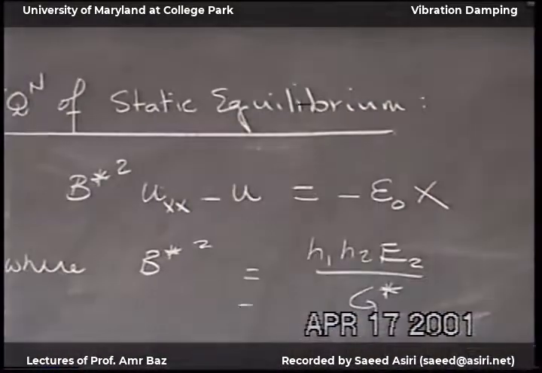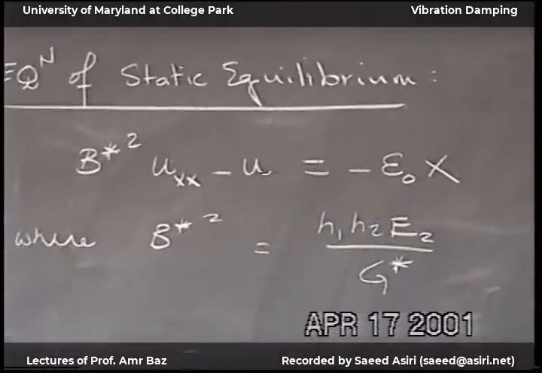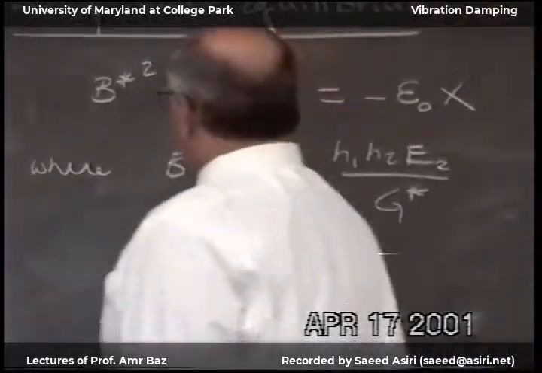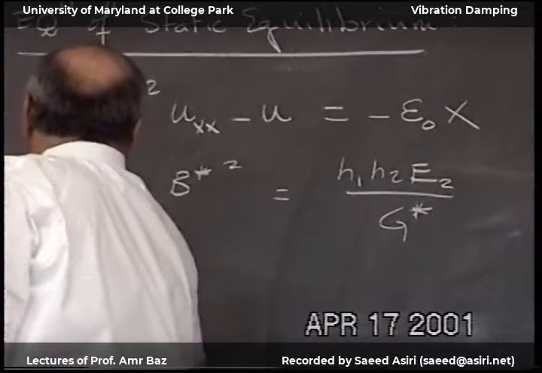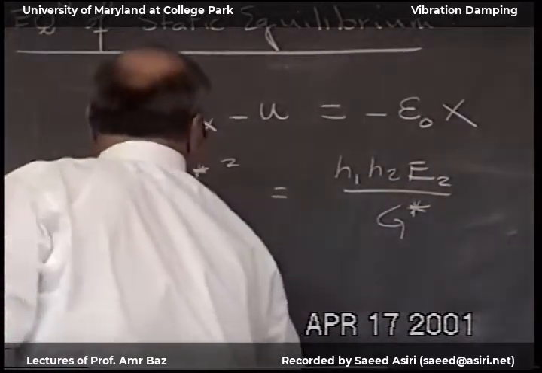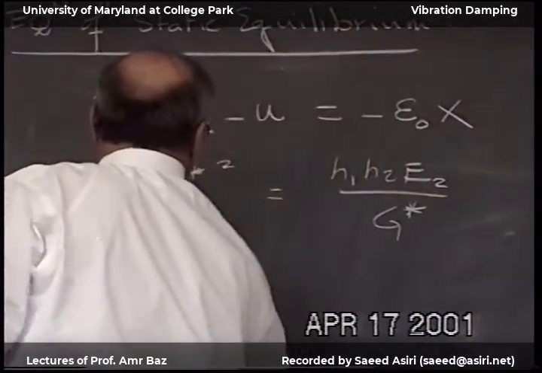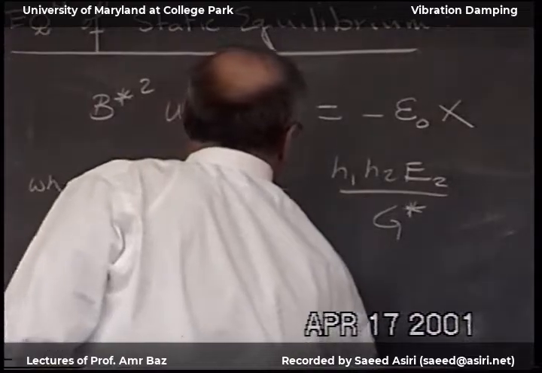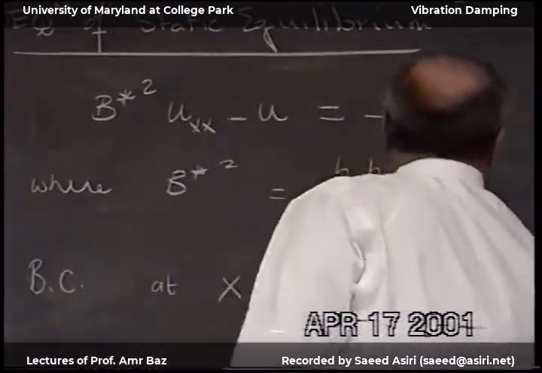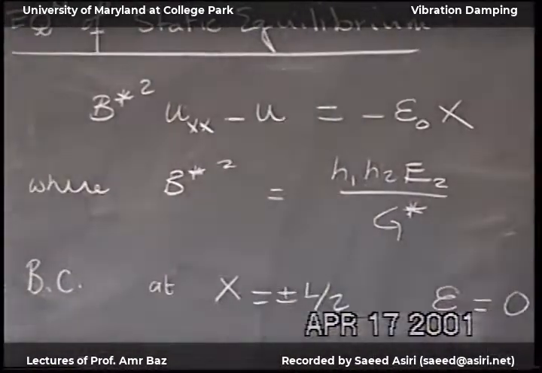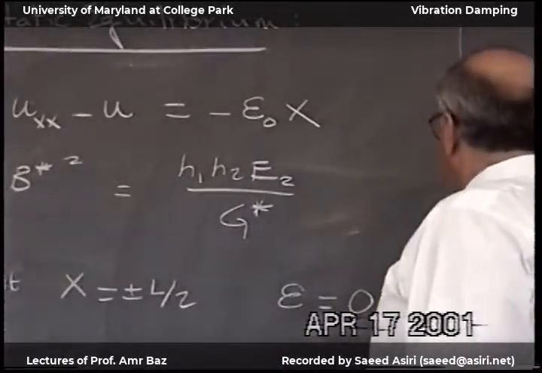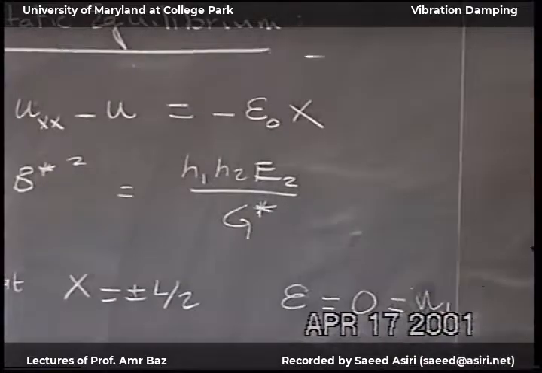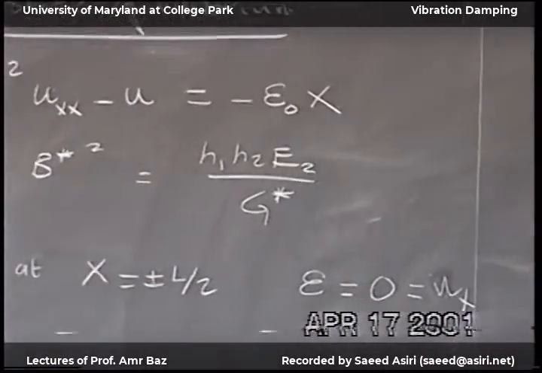We said this is a second order differential equation, has two boundary conditions. At x is equal to plus or minus L over 2, epsilon is equal to 0 for partial u by partial x or u of x.